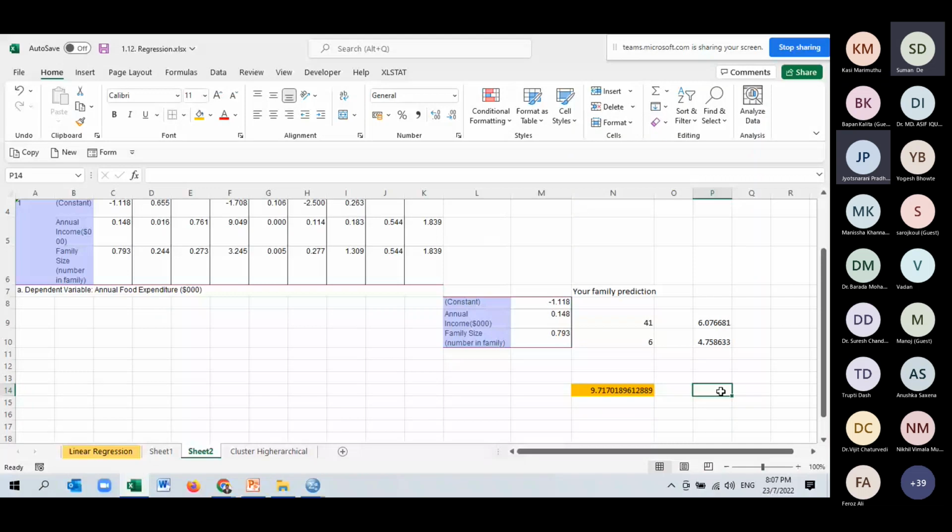So if you modify your independent variable, your X variable, automatically this also will increase or decrease. So please remember, 1 unit of annual income increases, this much unit of expenditure will increase. 1 unit of family size increases, this much, $1,000, will increase. This much unit of your expenditure also will increase.